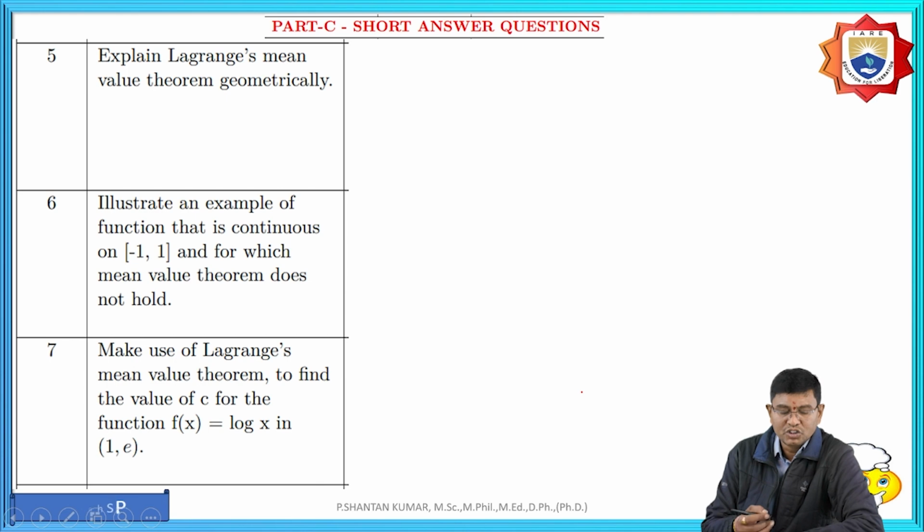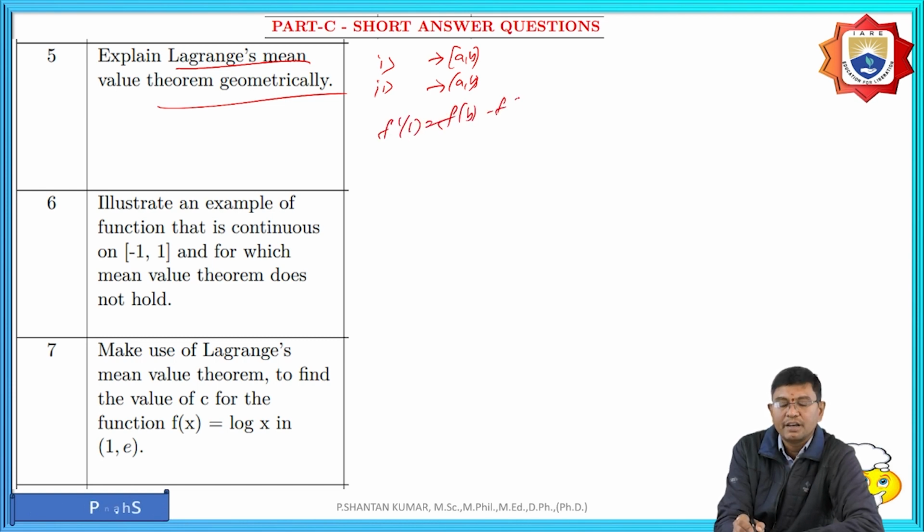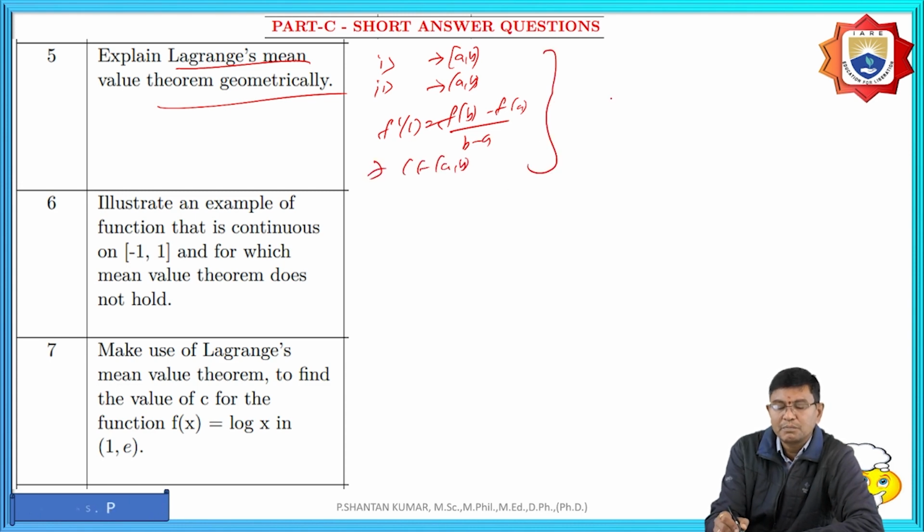Similarly, geometrically for Lagrange's theorem, the first and second conditions are the same: it is continuous on the closed interval [a, b] and derivable on the open interval (a, b). Then f'(c) is equal to (f(b) minus f(a)) by (b minus a), and there exists c belongs to (a, b) such that the conditions hold.